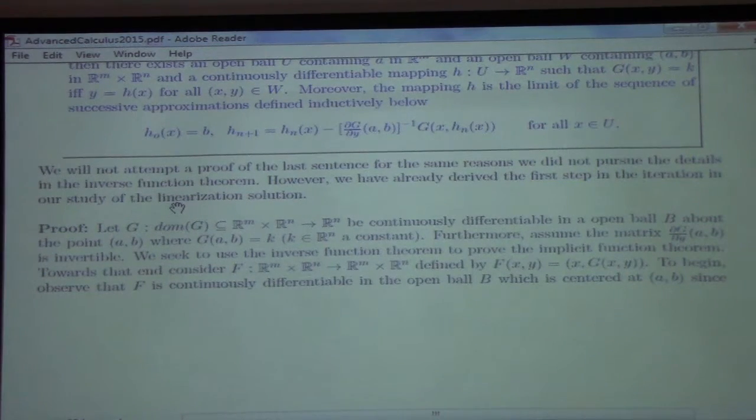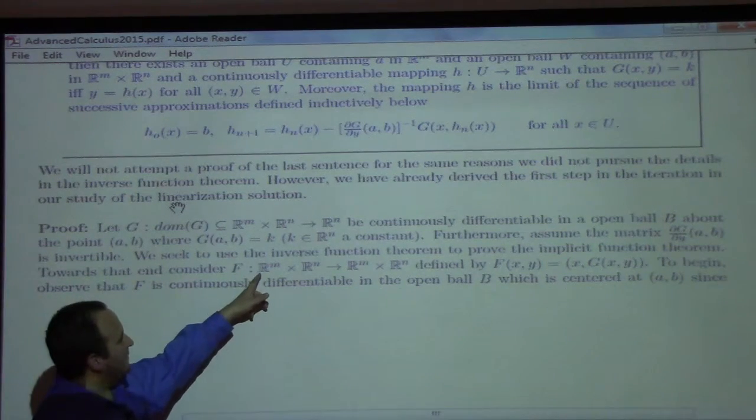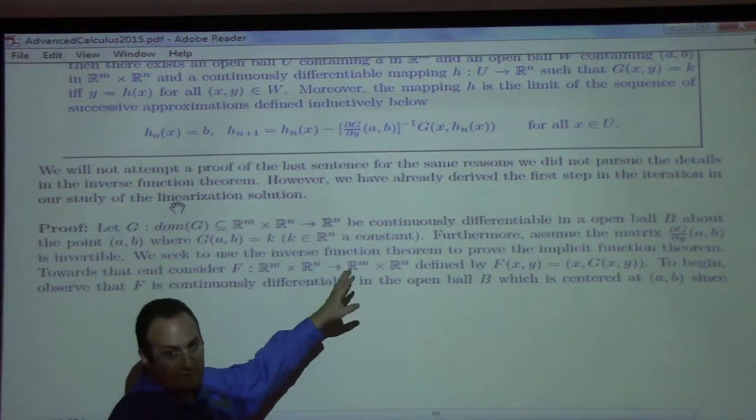Let's see here. To prove the implicit function theorem from the inverse function theorem, you have to invent a function from the appropriate space to the appropriate space that captures the same thing. And the trick, a really neat trick, is you define a function f from Rm cross Rn to Rm cross Rn.